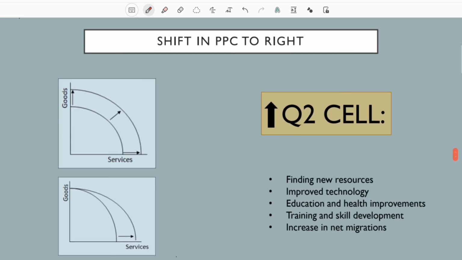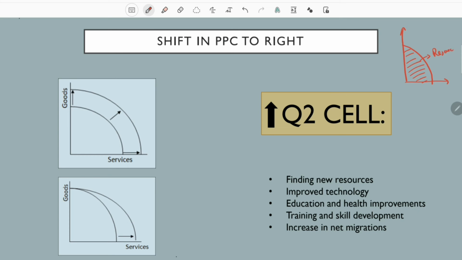All right. So when it comes to a production possibility curve, then we need to discuss shifting the production possibility curves. As I told you earlier, whenever there is a production possibility curve, that line shows the amount of resources in the economy. So this is the amount of resources.